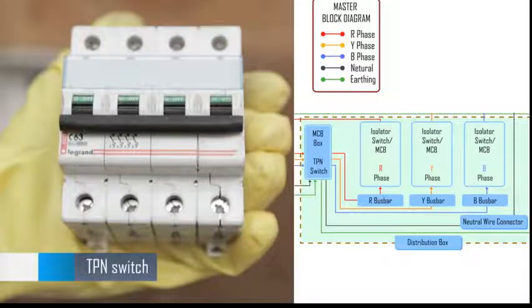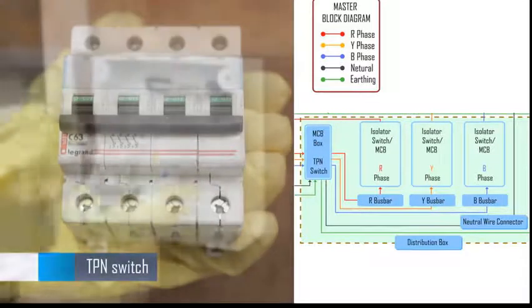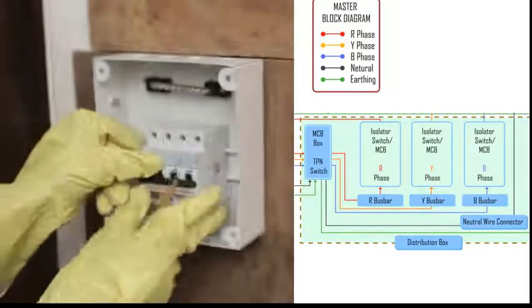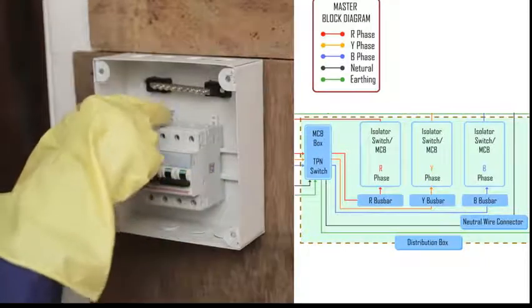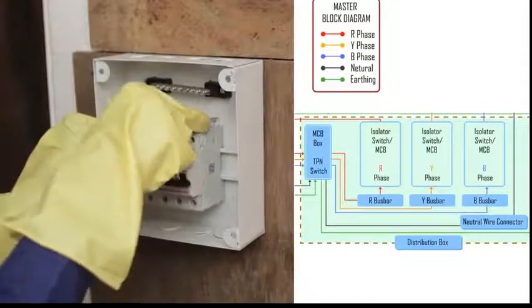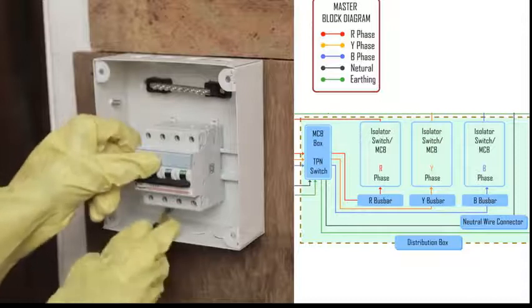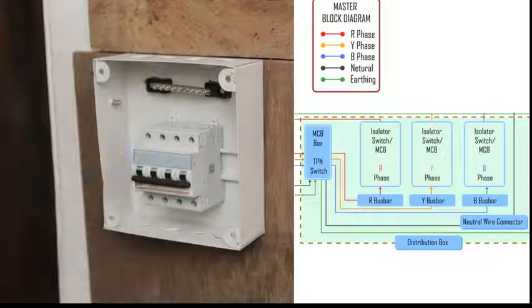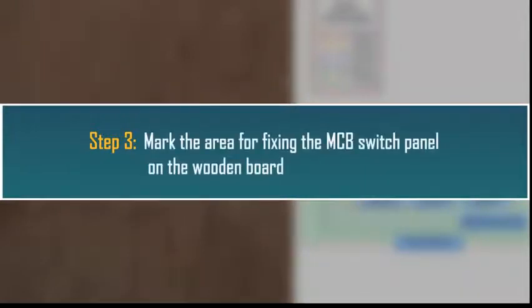Then fix the TPN switch in the MCB box. Press the lock available on the TPN switch and lock it with the MCB box. Step 3. Take MCB switch mounting panel and mark the locations on the wooden board.